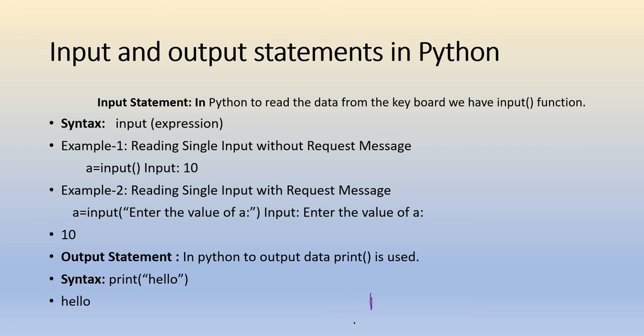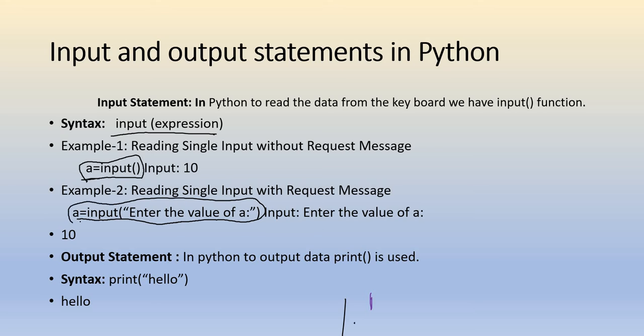So what are the input and output statements in Python? There is only one input statement for giving input in Python, that is input with an expression. For example, a is equal to input parentheses. Whatever value you pass in the input is assigned to the variable a. Here is the second example: input, enter a value a.